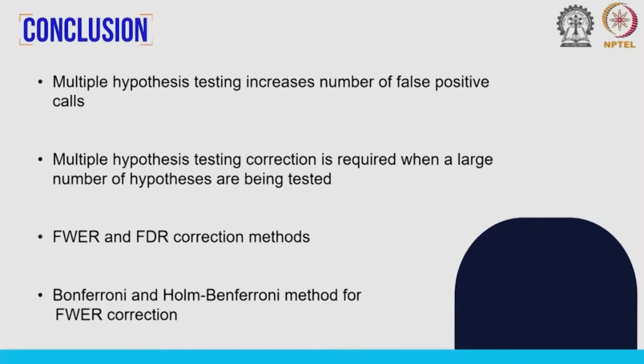The first is Bonferroni correction, and the second is the Holm method, and we have talked about the drawbacks. One of the drawbacks is that we do a very stringent control of type 1 error, but as a consequence we make a lot of type 2 errors. Now, the goal is to try to balance these two and not miss a lot of true positive genes. Thank you.